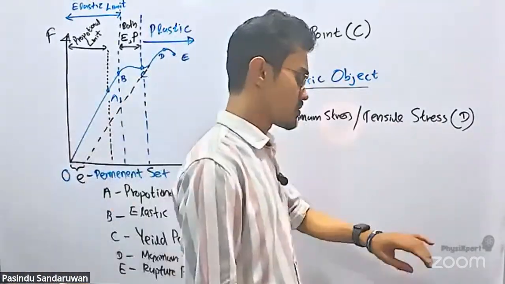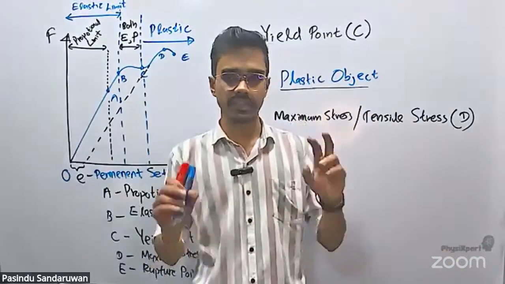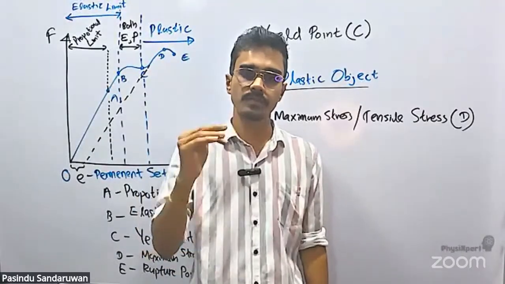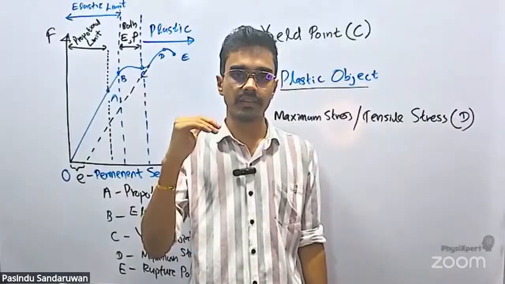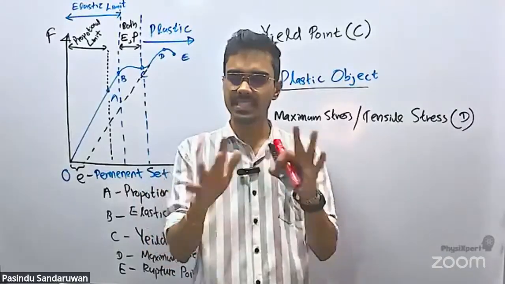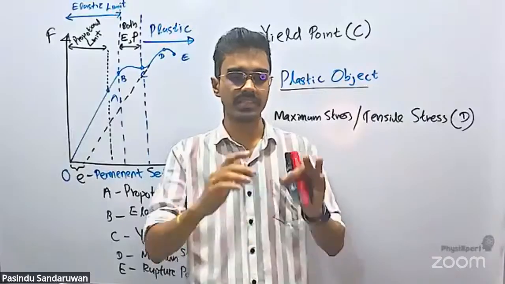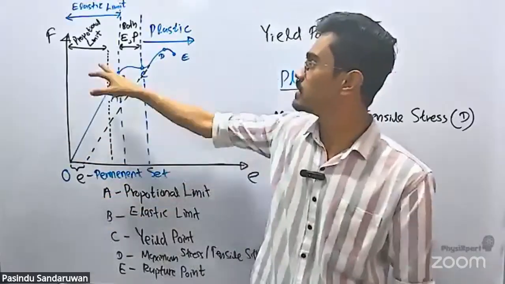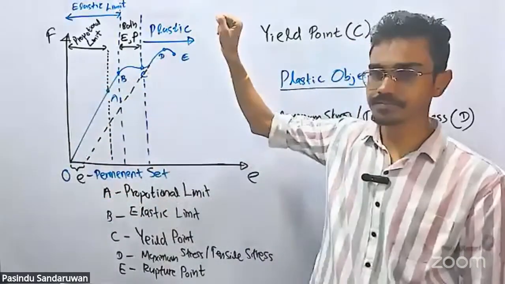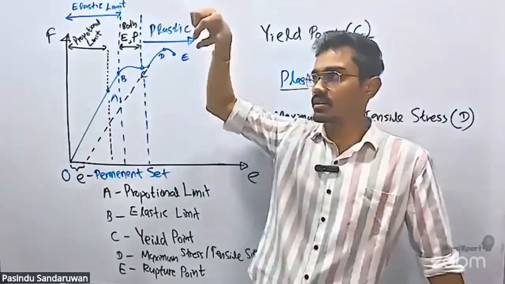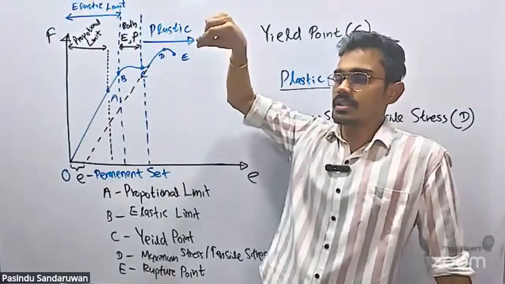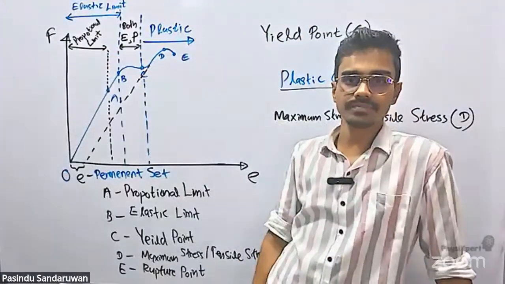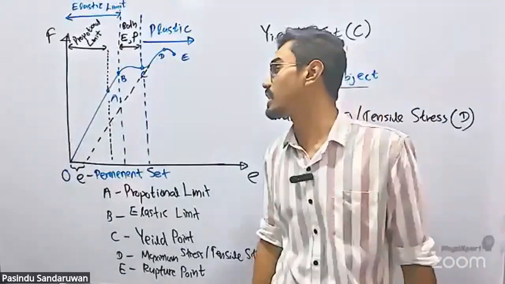This is very much straightforward with the term itself. Maximum stress is the point where the object withstands the maximum possible stress or force the material can withstand. There's a particular point on the graph where the object can withstand the maximum force we have applied. That is called the maximum stress. Simple as that.